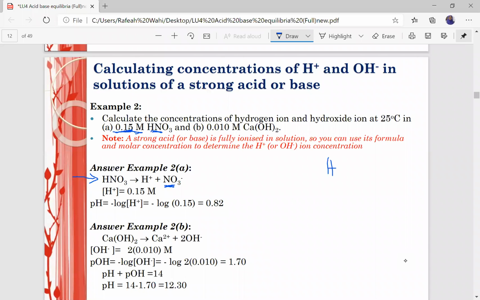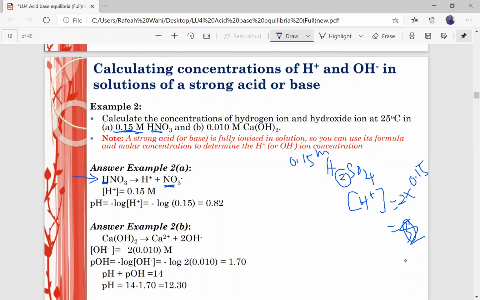However, if we are dealing with H2SO4, when we talk about 0.15 molar of H2SO4, the concentration of H plus ion is 2 times 0.15, which is 0.3. In this case, we have nitric acid, so the concentration is 0.15 molar.